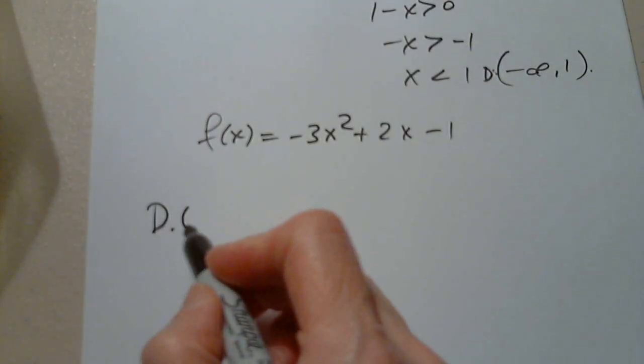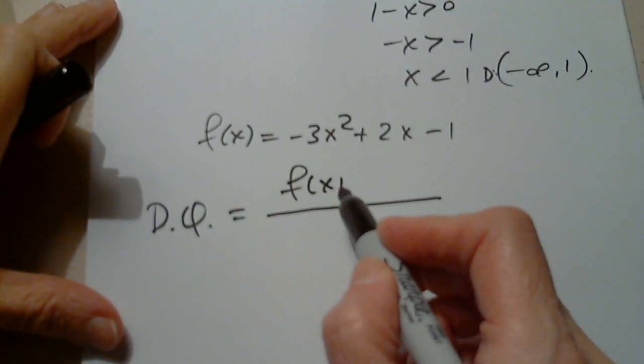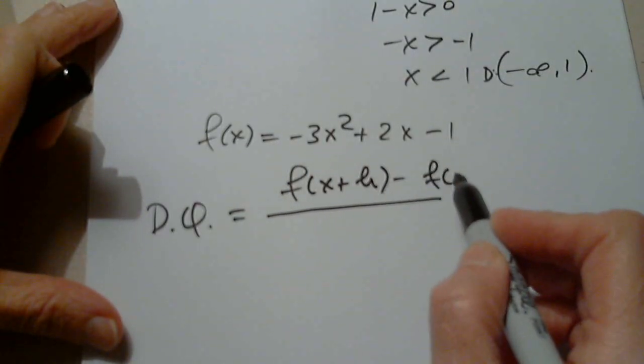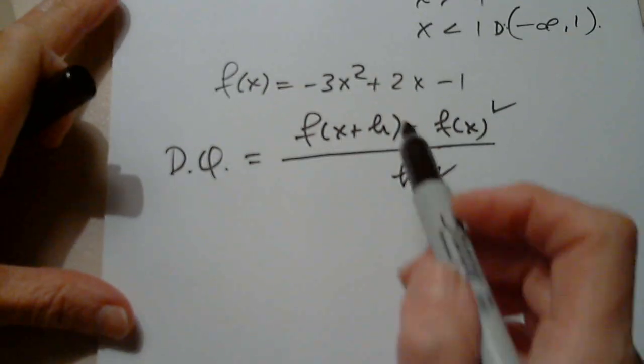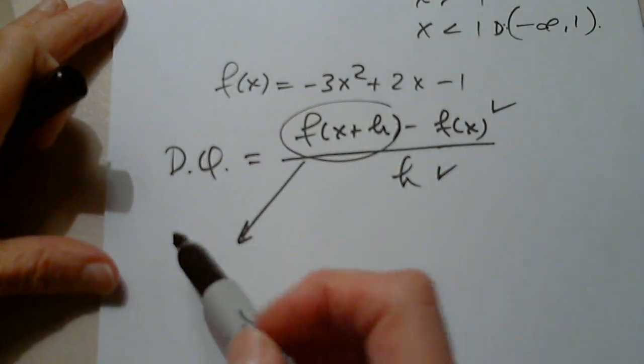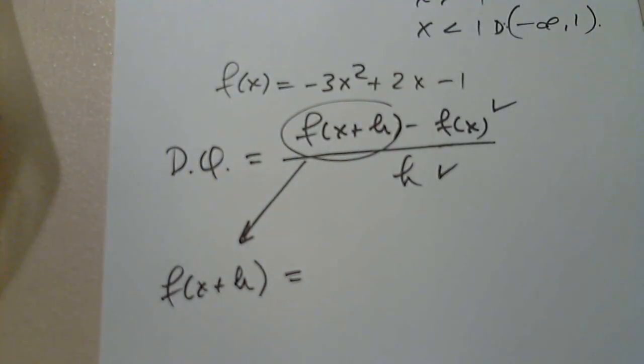And the difference quotient, you must remember that it's f of x plus h minus f of x divided by h. And these are clear, but this one is not. So I have to work on this on the side. How do I write the initial step that later on I'll simplify? What is the initial step?